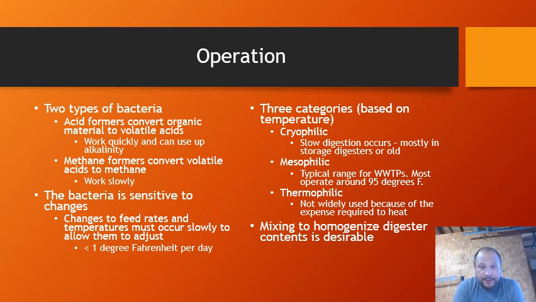The acid-forming bacteria work pretty quickly. The methane-forming bacteria do not. So it's important not to let the acid-forming bacteria work so quickly that the methane-forming bacteria cannot keep up.